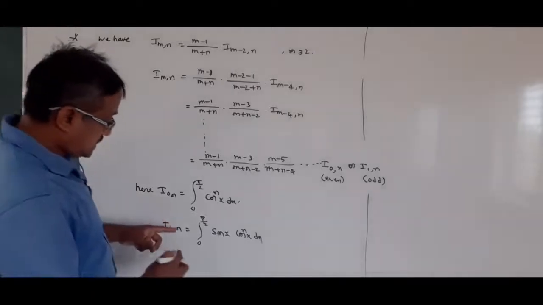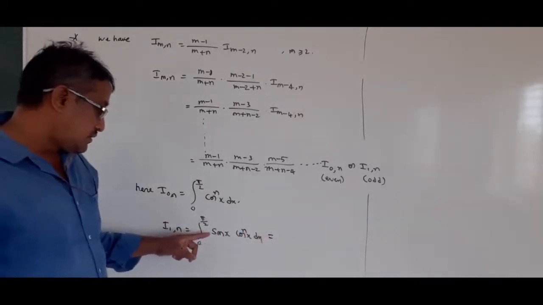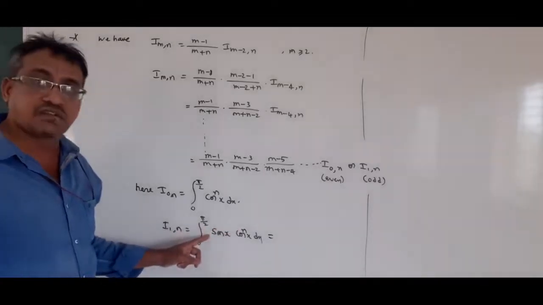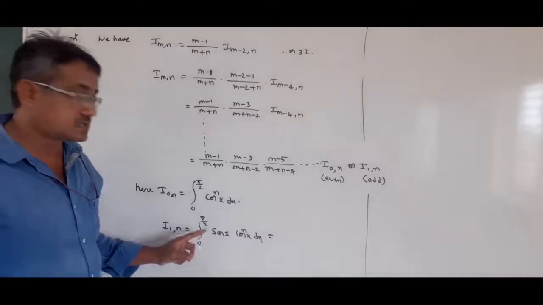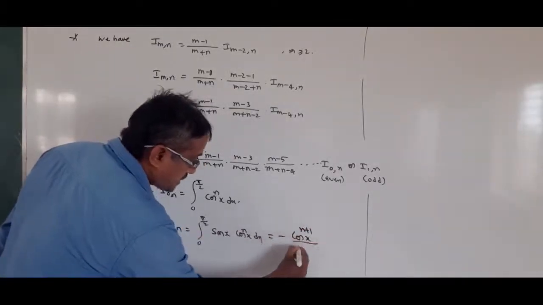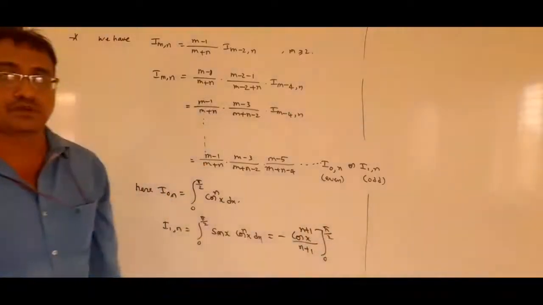Now this can be written as, if cos x is f of x, its derivative is minus sin x. So it can be written as minus cos power n+1 x by n+1 with the limits 0 to pi by 2.